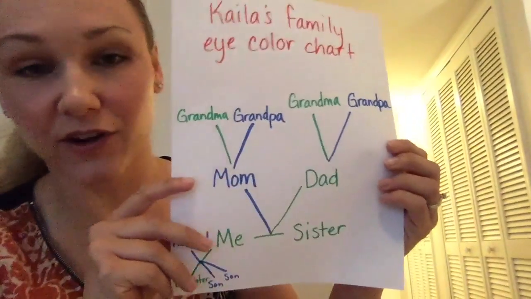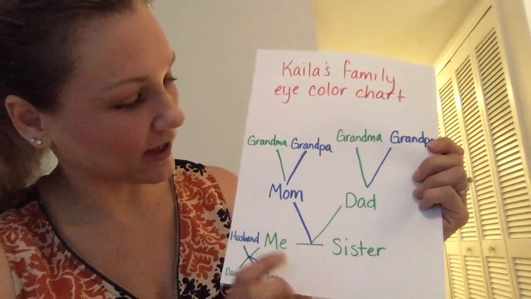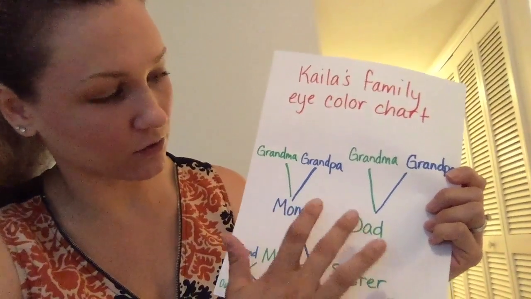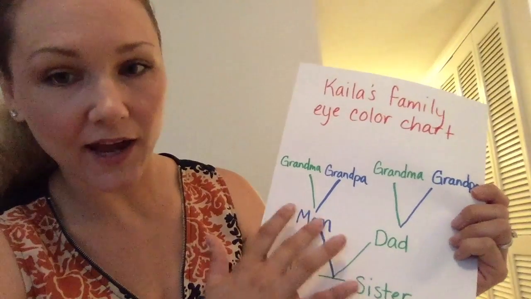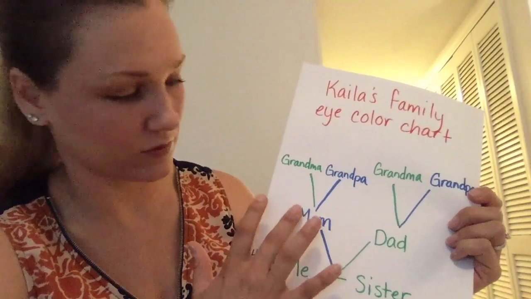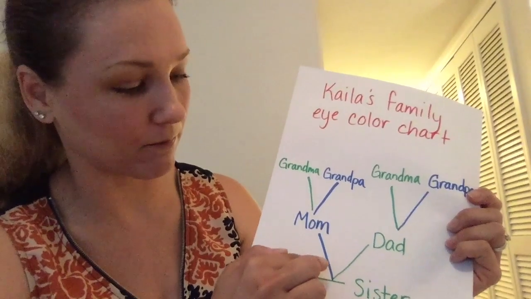Okay, so I'm supposed to go back to my original project and see if I can figure out maybe what I've inherited. So looking at my chart, green is dominant over blue. And so my mom would have to have 2 recessive blues. So I would have had to inherit a recessive blue from my mom.